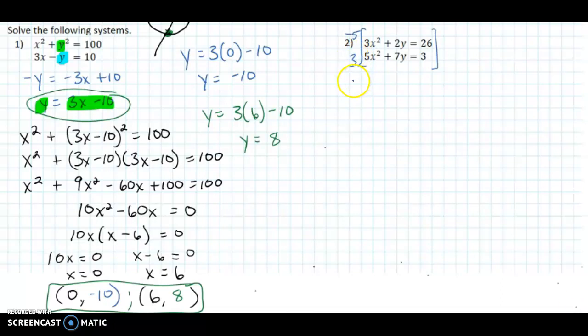And when you do this, rewrite the equation. Don't take a shortcut and not rewrite it. So you get -15x squared minus 10y is equal to, and then I need -5 times 26, which is -130.